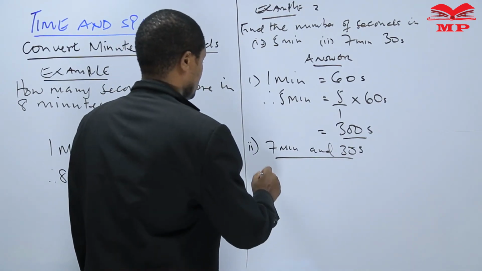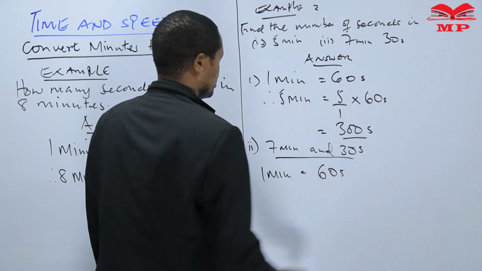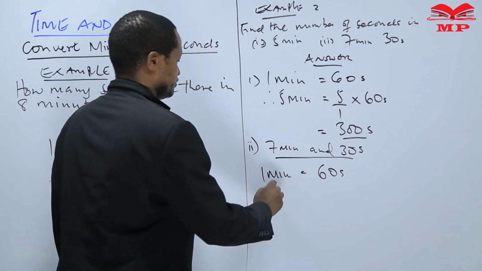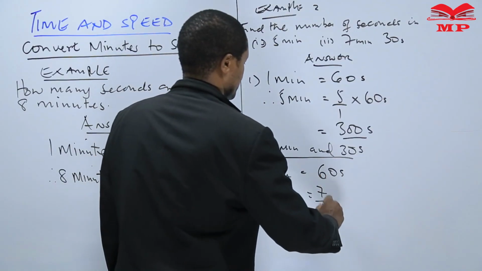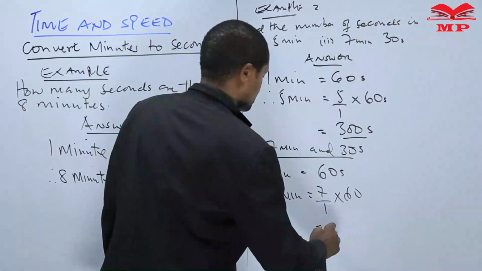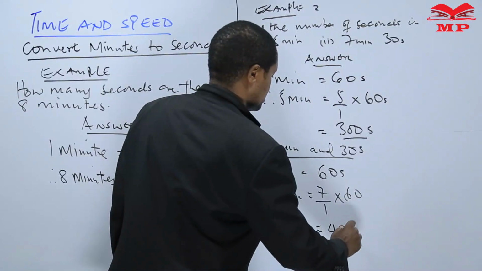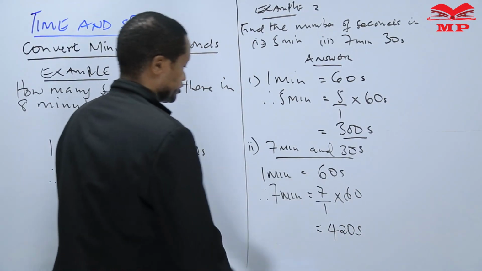So 1 minute is equal to 60 seconds. Therefore 7 minutes will be equal to 7 over 1 times 60, which is equal to 420 seconds.